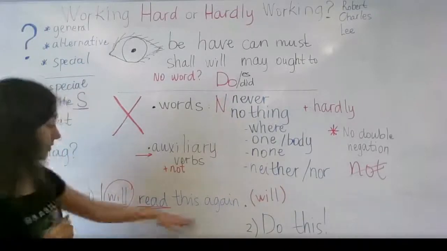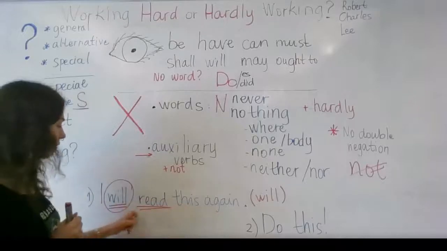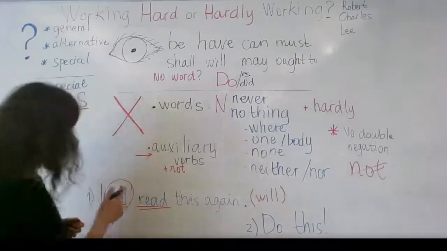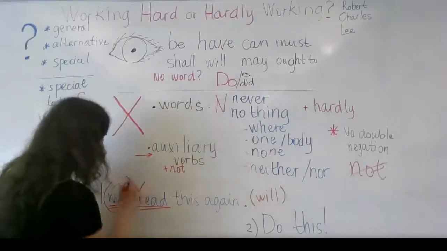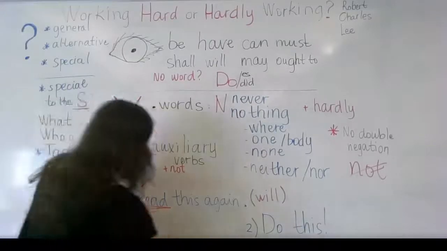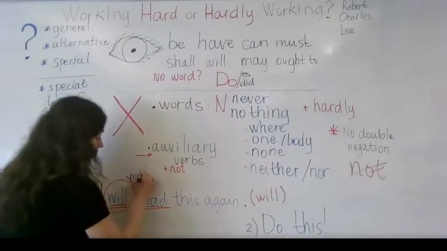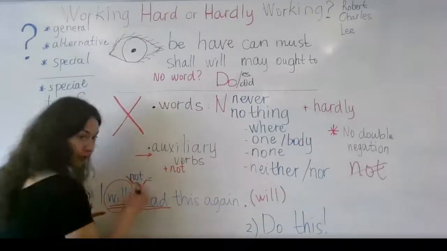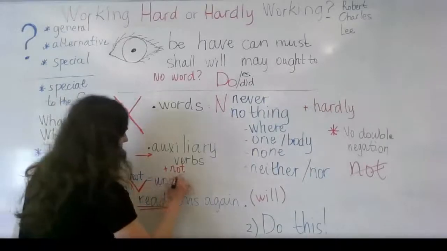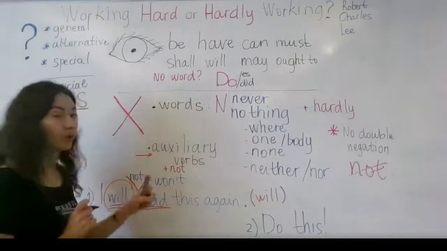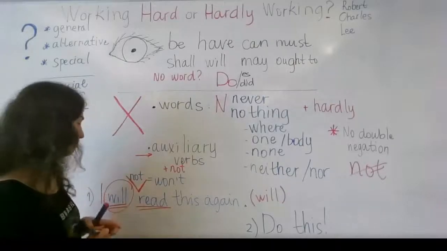How to make this sentence negative, a negative one? Yes, very good. You know these forms are in the previous video as well. So you can say, I will not, or these 2 words the same as won't. We have this not, and we have will. I will not, or I won't read this again.